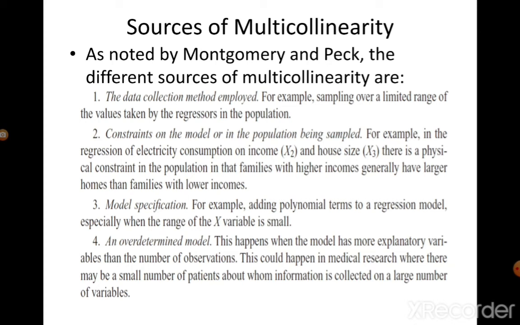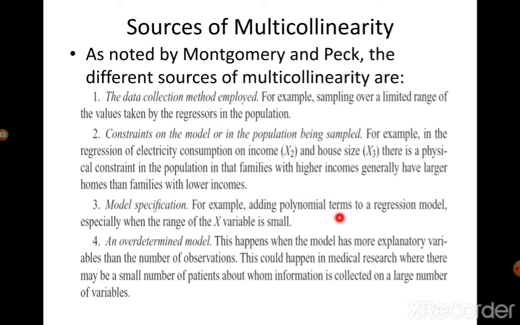Sometimes the nature of model specification can lead to high multicollinearity. The model that I mentioned in the last slide, where your yi is beta 1 plus beta 2 times xi plus beta 3 times xi square plus beta 4 times xi cube. In that model, we are adding polynomial terms, xi square, xi cube and so on.